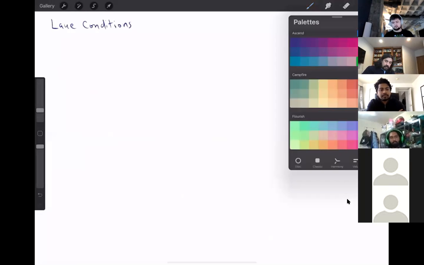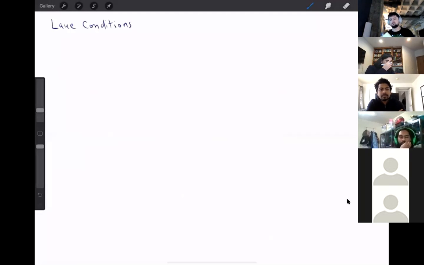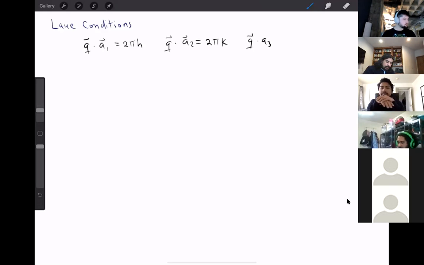So each point in your lattice is going to contribute if it's maximizing all of the three brackets. So we have that Q times A1 has to be 2 pi h, Q times A2 has to be 2 pi k, and then Q times A3 has to be 2 pi L. Q, remember, is this vector minus this vector.